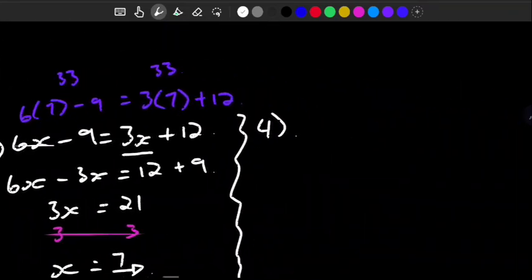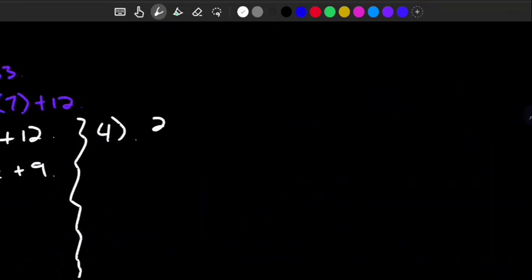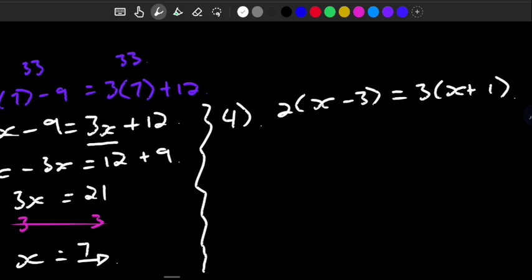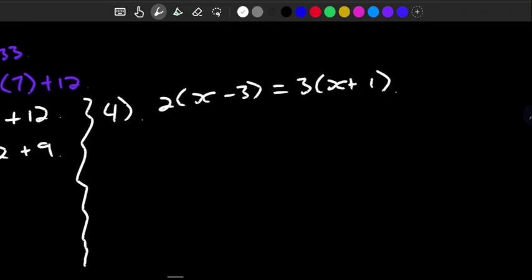And then for the last one, we have 2 brackets x minus 3 close bracket equals 3 open bracket x plus 1, right? So this one is not very different to the others that we did before.